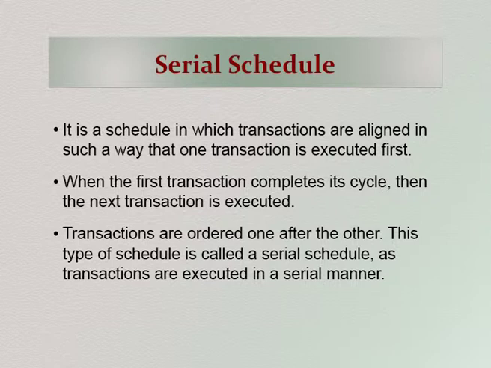This is a kind of queue, and transactions happen one by one in this serial scheduling. So transactions are ordered one after another. This type of schedule is called a serial schedule or a sequential schedule. As the transactions come in, the queue will be followed.